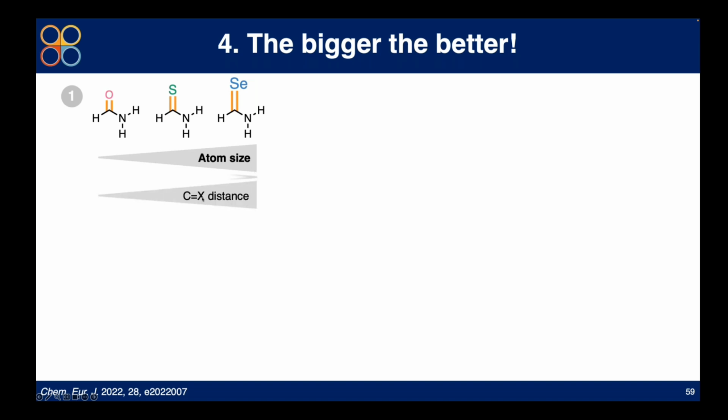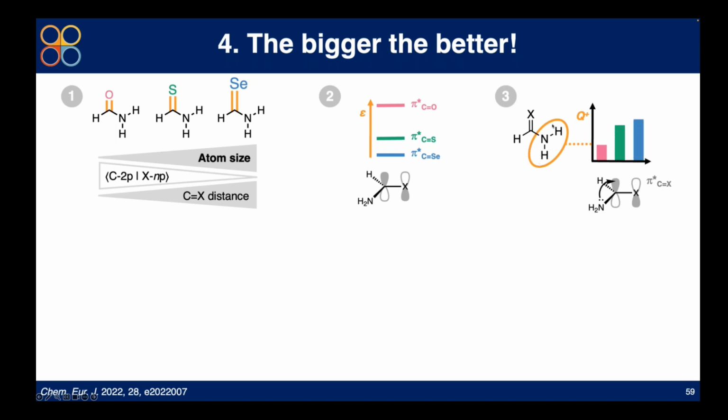So what we can conclude now is the atom size, so having a larger atom, gives a longer CX distance. And because of that, you have the largest overlap between the 2p of carbon and the p orbital of oxygen. This results in a more destabilized CO pi star than for sulfur and selenium. And therefore, the NH2 group can donate more electronic density to the pi star of selenium, leading to the largest positive charge on the NH2 group.